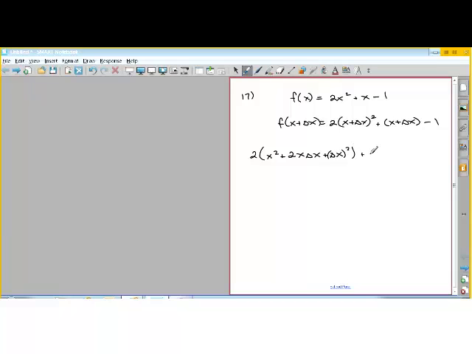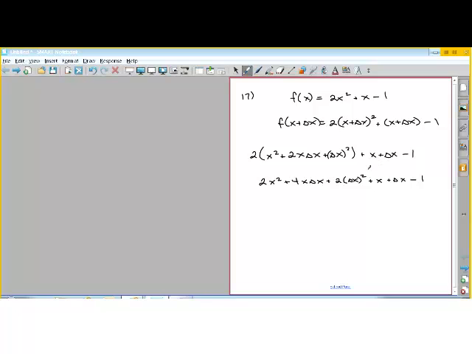And then we have plus x plus delta x minus 1. If we multiply out the whole thing by 2, we get 2x squared plus 4x delta x plus 2 delta x quantity squared plus x plus delta x minus 1.